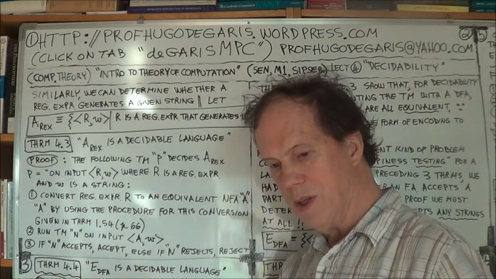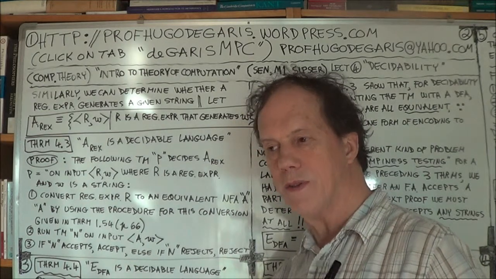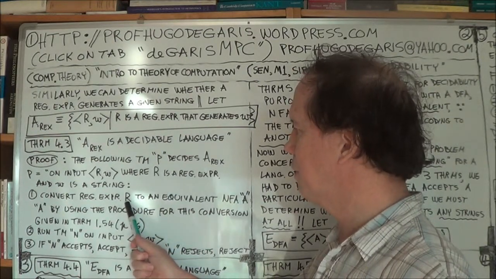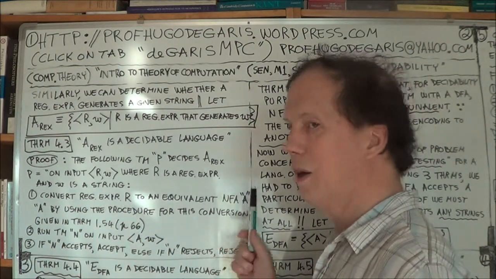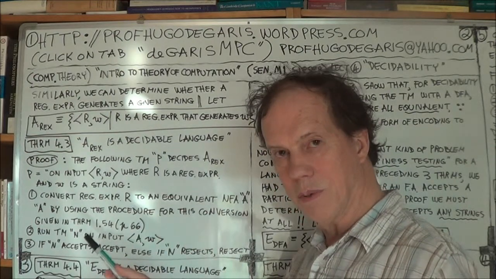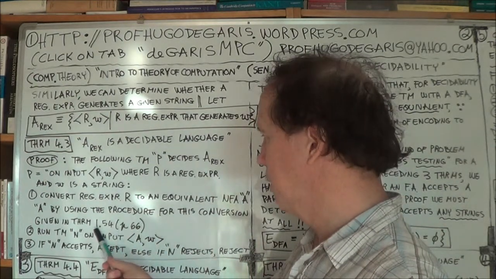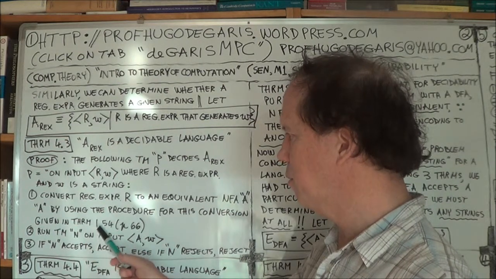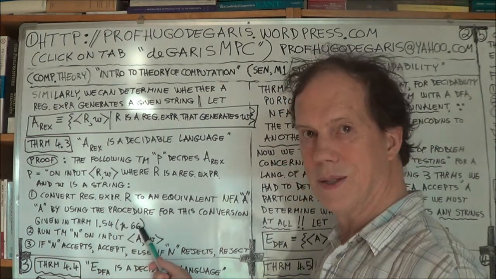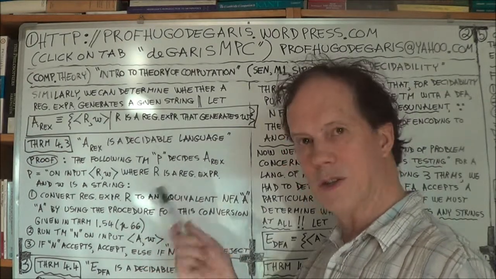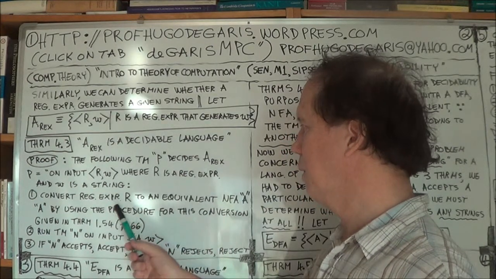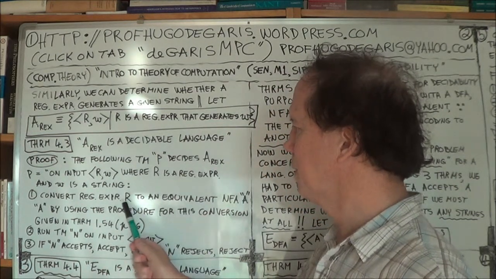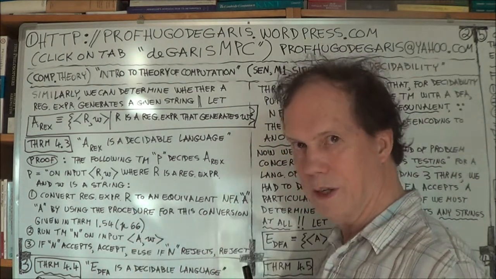So we can use previous theorems and save ourselves work. After we convert the regular expression into an NFA, and we know how to do that, we talked about that in chapter 1. In fact, go to theorem 1.54, on page 66 in your text. Refresh yourselves, where this theorem shows how to convert a regular expression into an NFA.